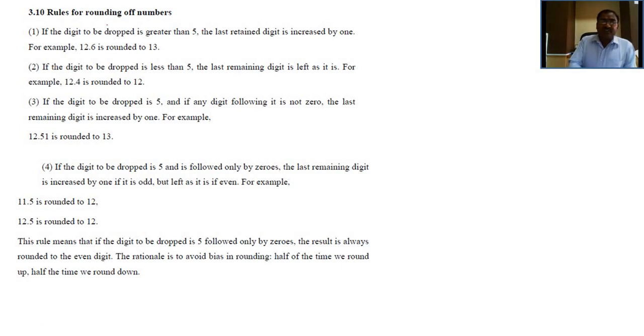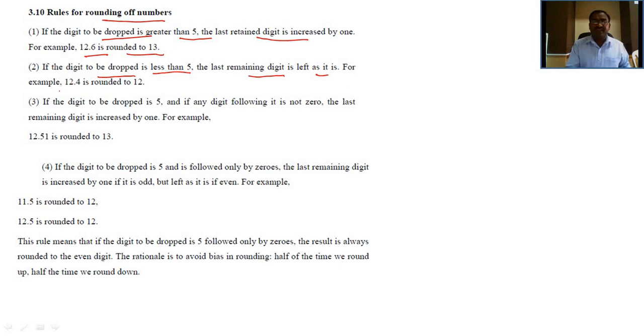Rules for rounding off numbers. If the digit to be dropped is greater than 5, the last retained digit is increased by 1. For example, 12.6 is rounded to 13. If the digit to be dropped is less than 5, the last remaining digit is left as it is.